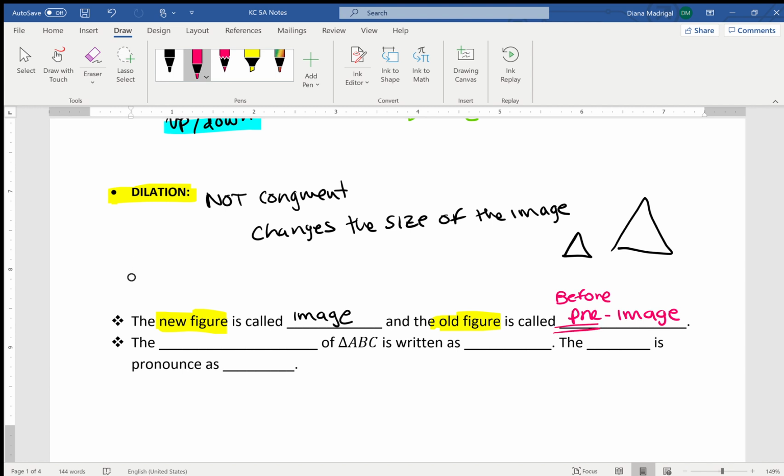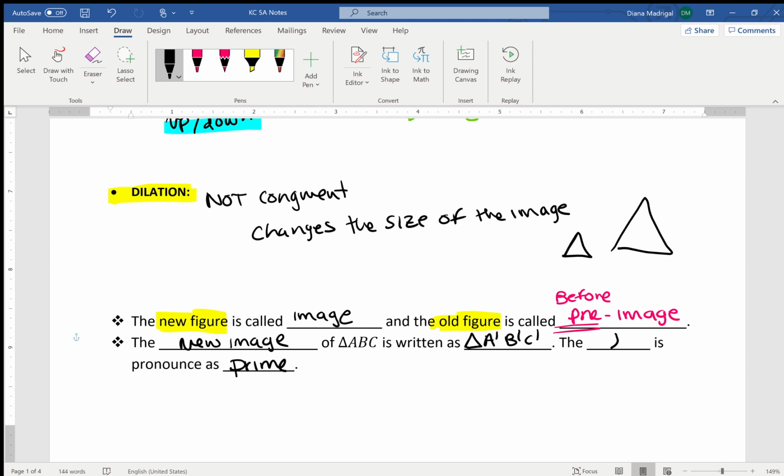So that's before the new image. That's why it's the old figure. So when I'm saying image, I'm talking about the new figure. When I'm saying pre-image, I'm talking about the old figure. The image of triangle ABC is written as triangle A prime, B prime, C prime. The little dash that I'm writing on the corner of those letters is called prime.